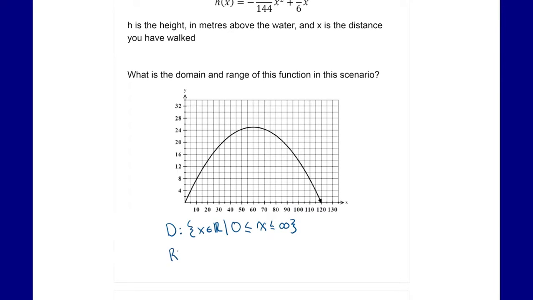And then our range, y is any real number, given that our highest looks like it's about 25, and our lowest, we have an arrow on the one end, so we'll maybe assume negative infinity, and then we have 25.